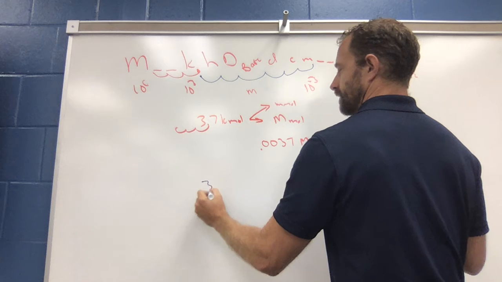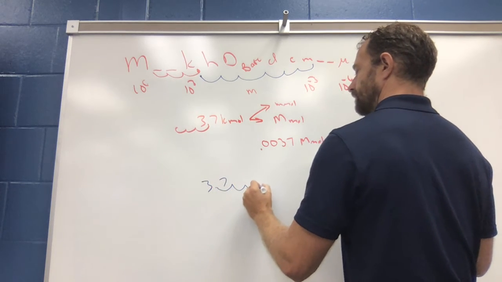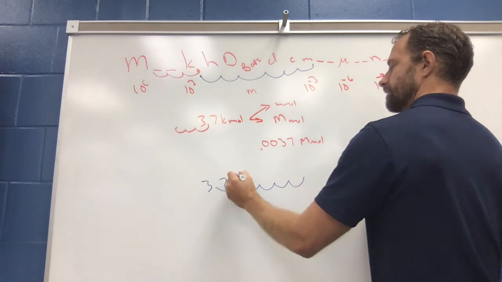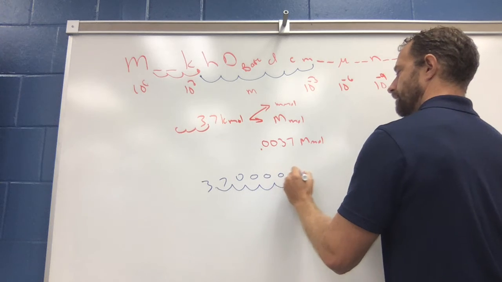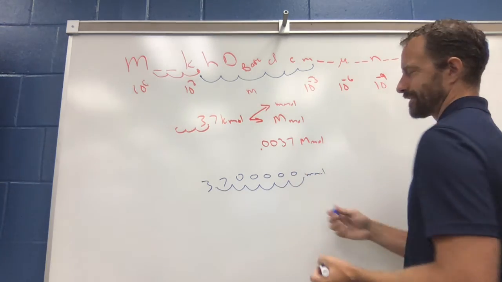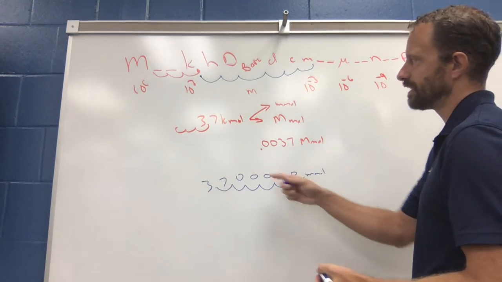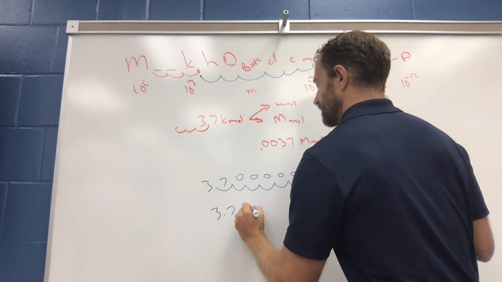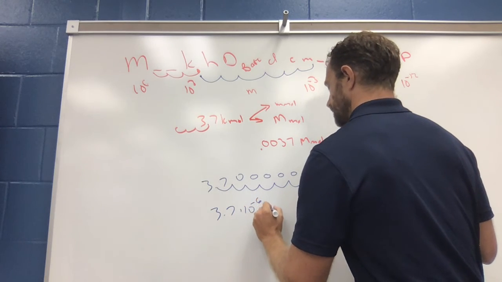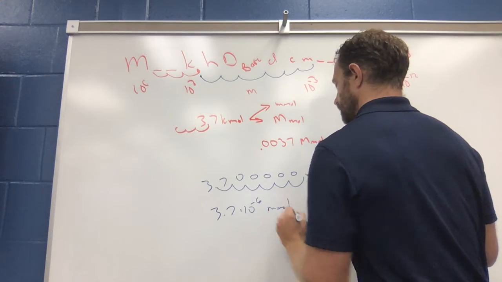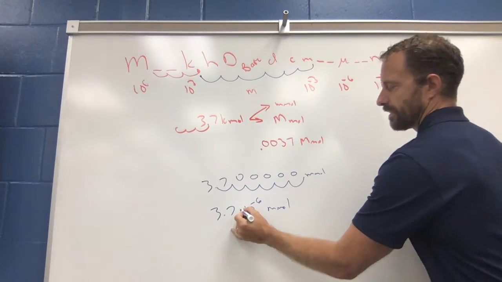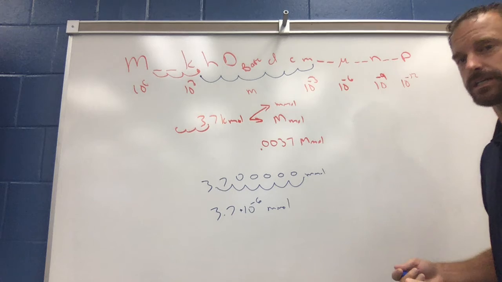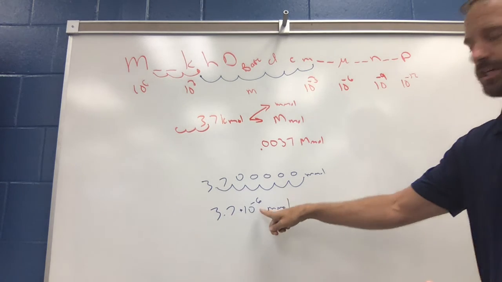I'm going to go 3.7, 1, 2, 3, 4, 5, 6. So that is 5 zeros, millimole. Really, we should probably just put that in scientific notation. So since it was already between 1 and 10, I could just do 3.7 times 10 to the -6th millimoles, right? And those are the same thing. If something's already in scientific notation and I want to change its power of 10, I just change the power of 10 there.